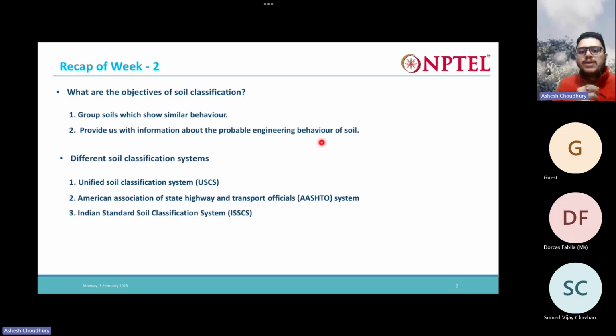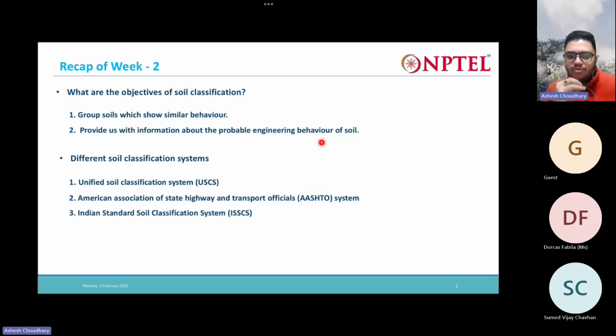For example, in simple language, when I tell you the soil is sand, you're classifying a particular type of soil as sand. When I call it sand, the first thing that comes to your mind is that it's going to be loose, say if it's on a sea beach, so you can easily walk over it.